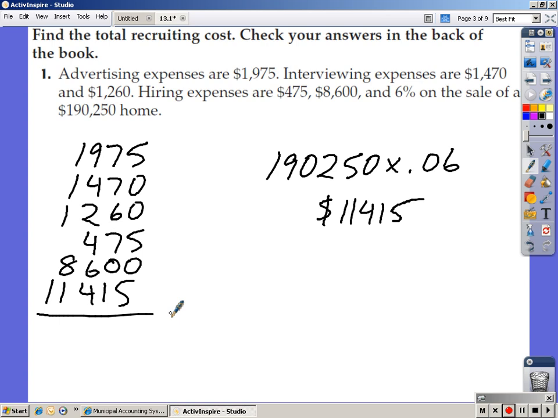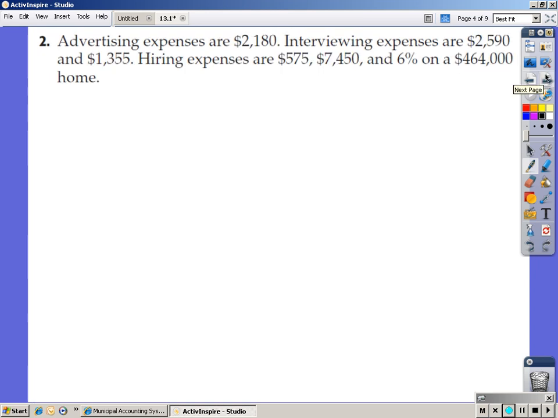And if my fingers will work right. Okay, you get $25,195 in total recruiting costs. Okay, great. Look at number 2. Press pause, work it, play to resume.